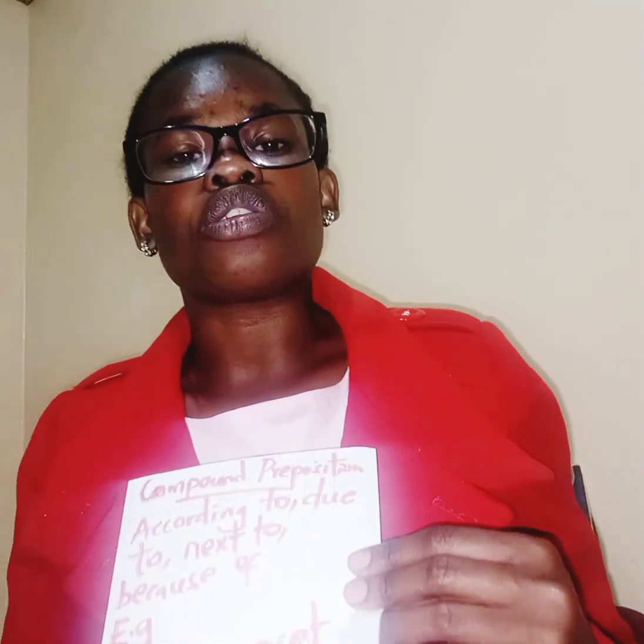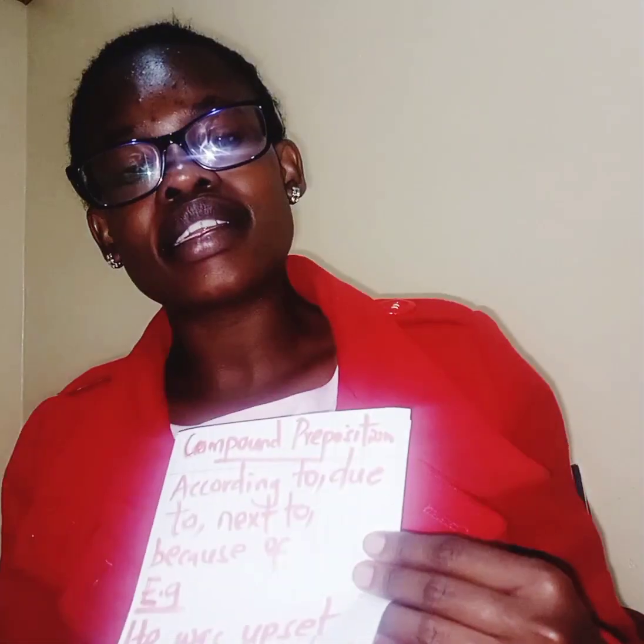We can see that because of has been used to join the phrases, and it has also been used to show the relationship between him being upset and his son's behavior.